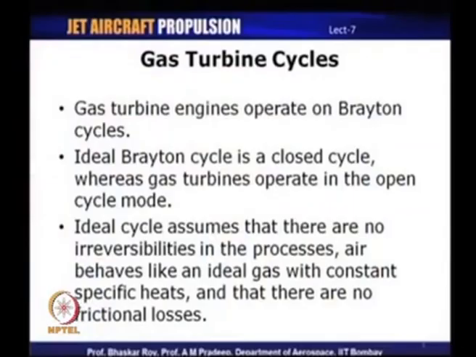In the ideal Brayton cycle that we discussed in the last lecture, the cycle was assumed to operate in a closed cycle mode. For a jet engine, it can still be assumed, with certain approximations such as air standard assumptions, that the jet engine also operates on the Brayton cycle.